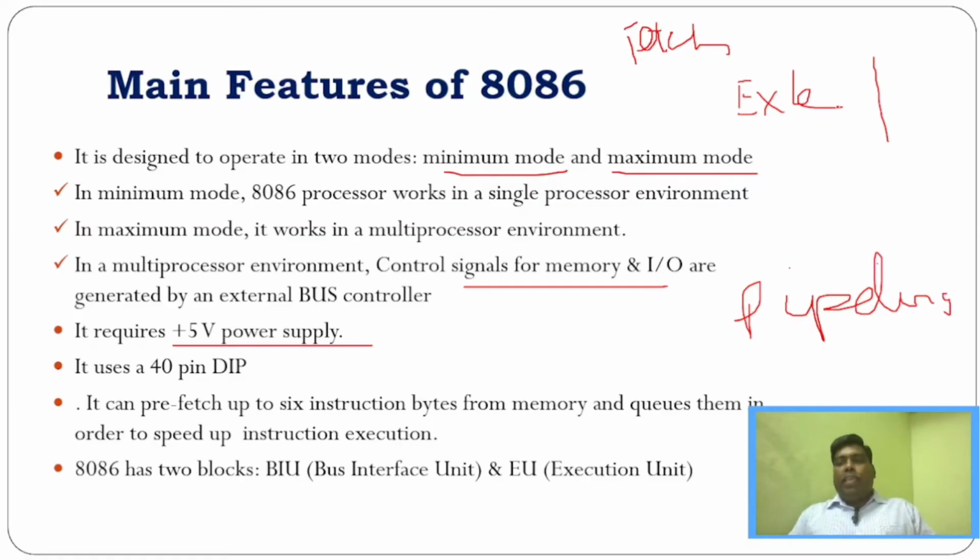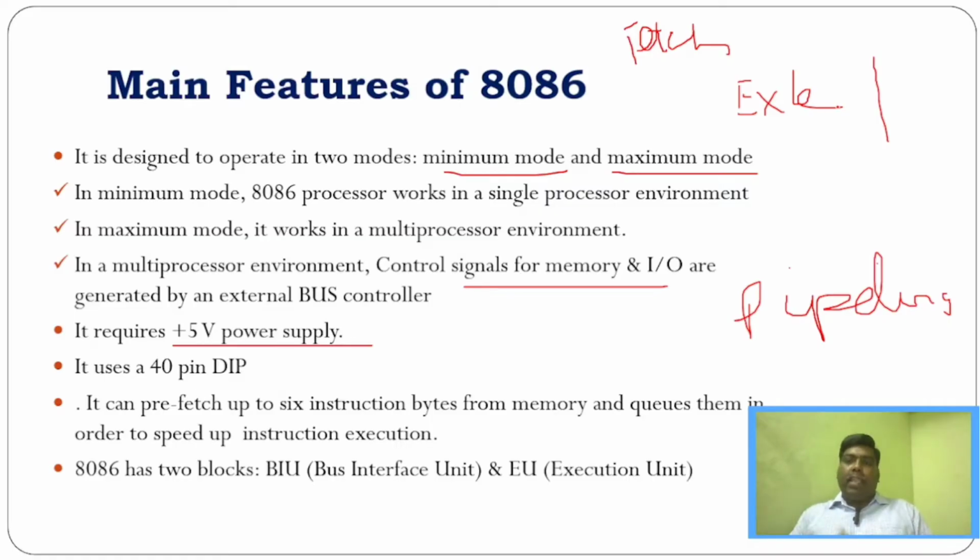So in pipelining, in the first clock cycle, it will fetch the first instruction, and in the second clock cycle, the first instruction will enter the execution mode while the second instruction is fetched. That is, more operations can be done.